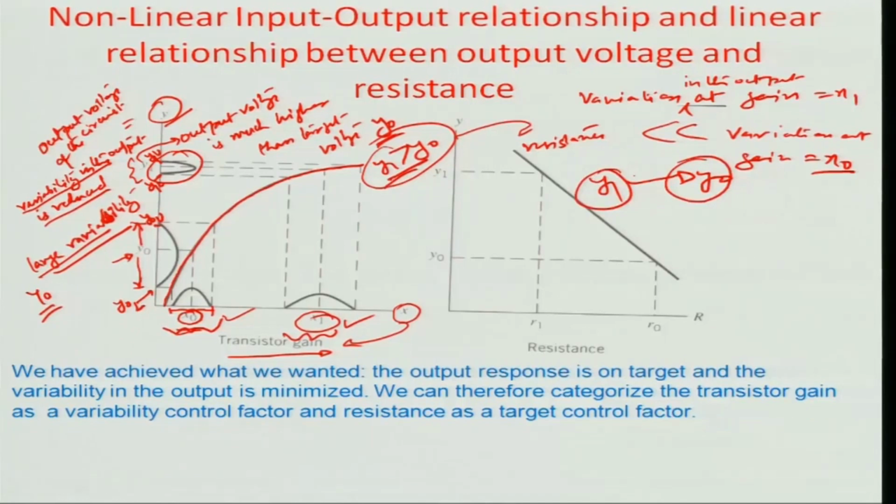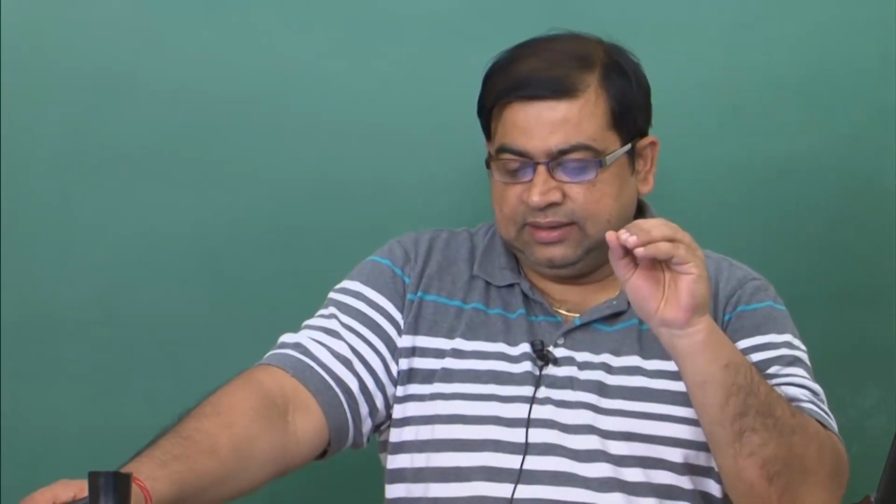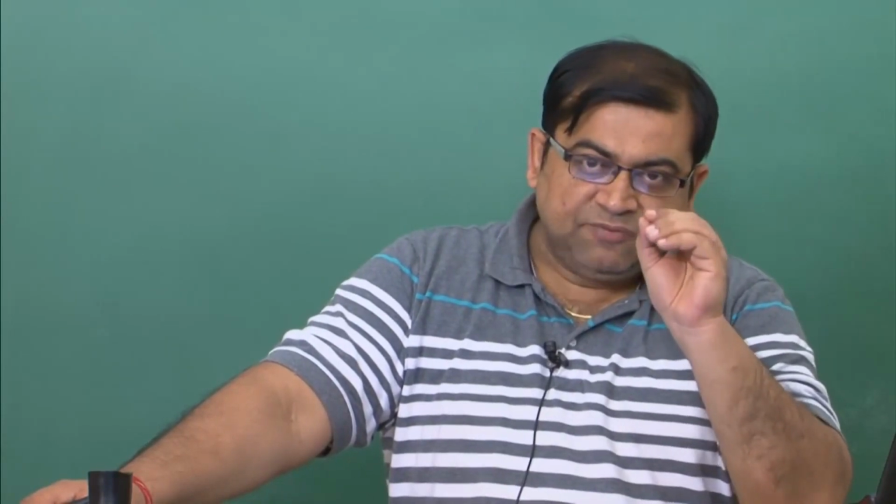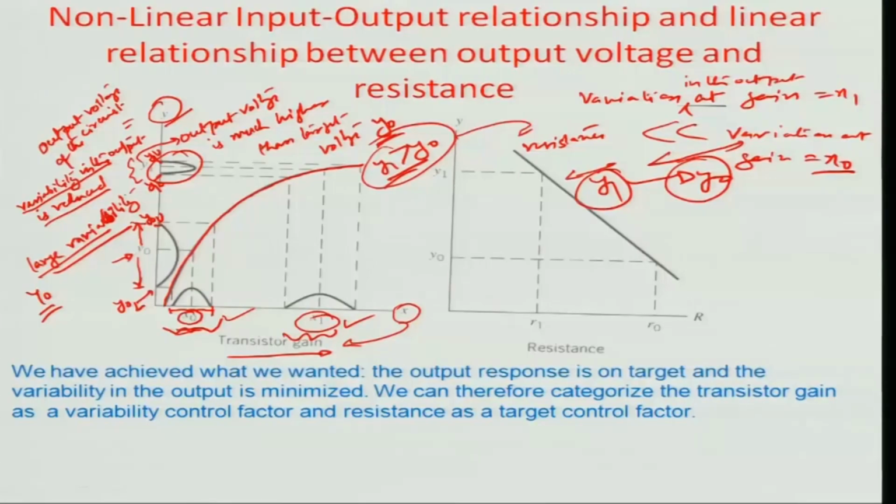The advantage you are getting is that the variability at Y1 is very small in comparison to the variability at Y0, so it would be a wise idea to put a resistive loss in the circuit, because resistance is by and large a linear part of the circuit, whereas this gain versus output voltage is a non-linear characteristic.